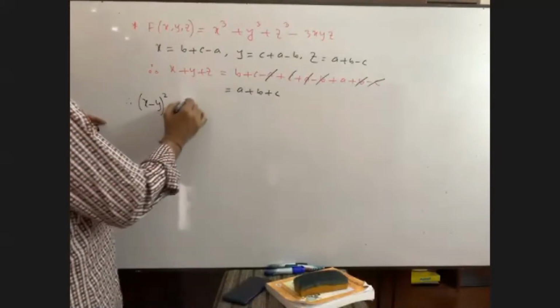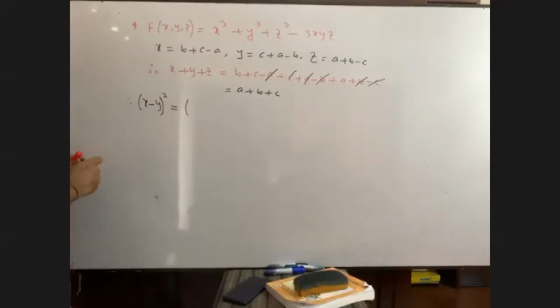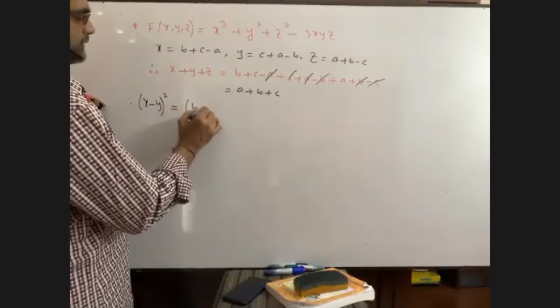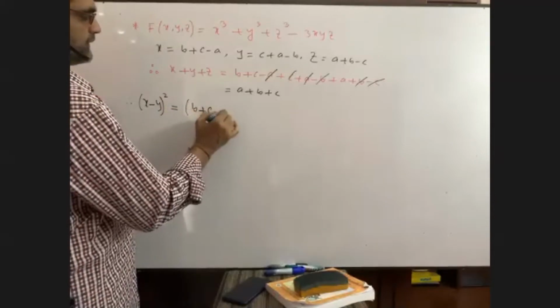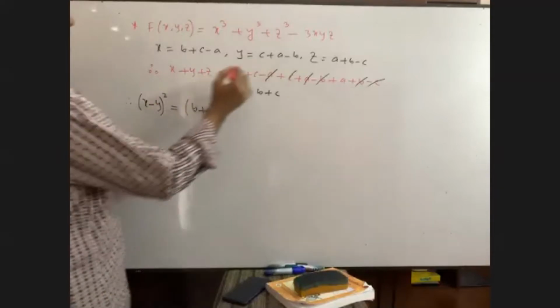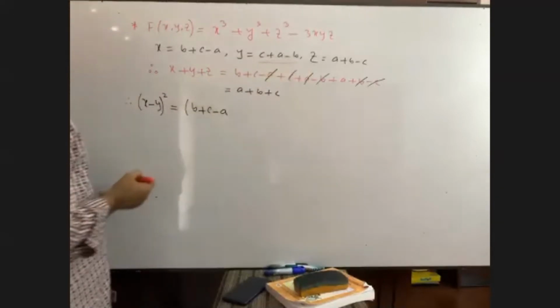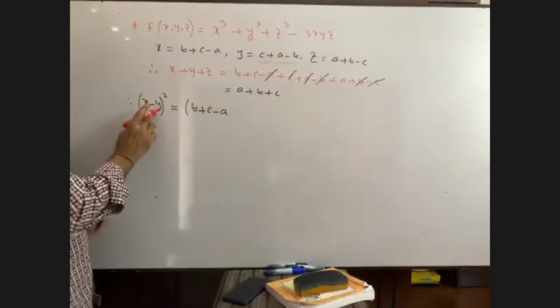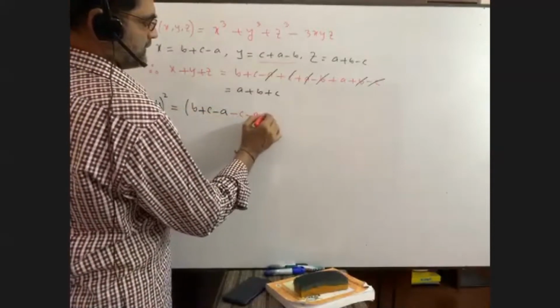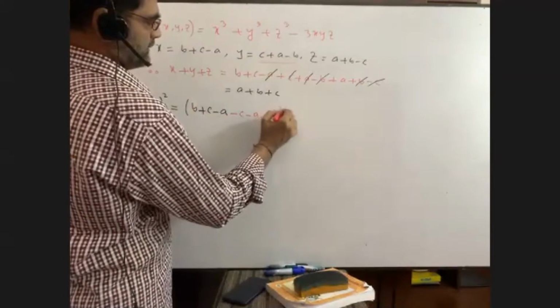Now, therefore, we see here x minus y whole square equals what? x minus y, right? What is x? b plus c minus a. Then what is y? Here y is c plus a minus b, but there is a minus sign here, that is minus c minus a plus b.